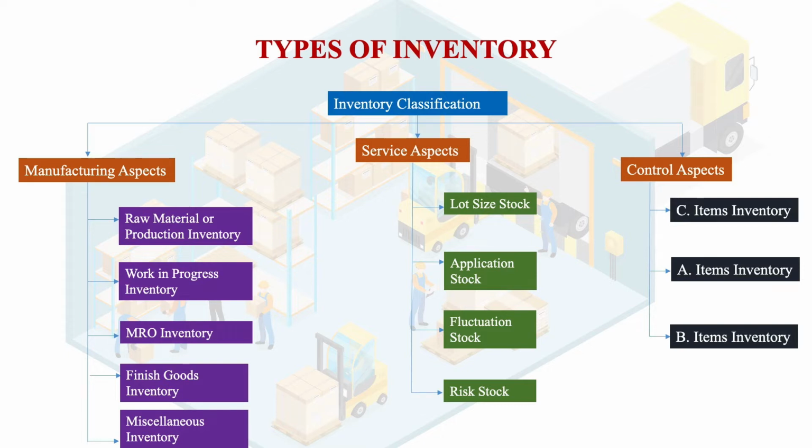We have divided into manufacturing, service and control. Under manufacturing, we have 5 categories: raw material or production inventory, work in process inventory, MRO, that is maintenance, repair and operation inventory, finished goods inventory, and the miscellaneous inventory, supporting inventory.